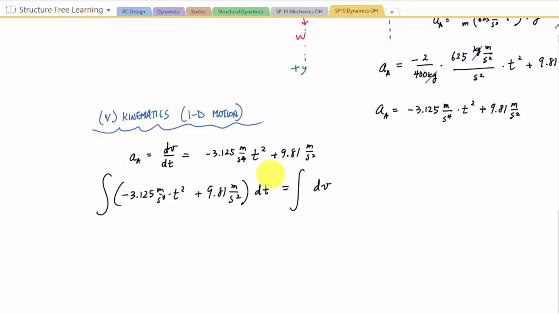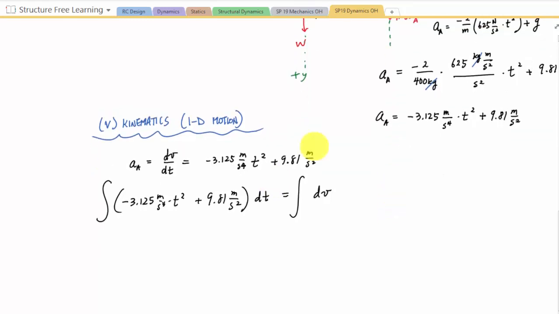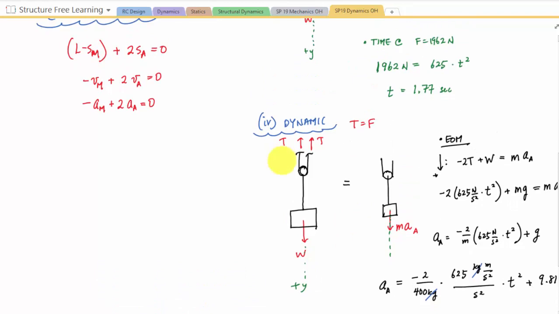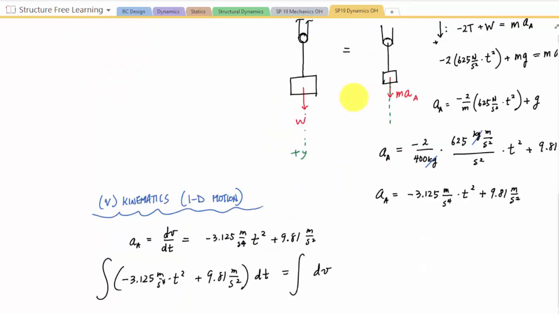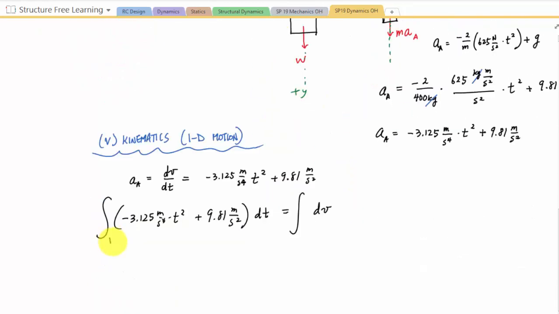Now to get the actual velocity at 2 seconds, at time t equals 1.77 seconds is when I start moving. 1.77 seconds is my lower bound of this integral, and at that point my velocity is 0. Then I want to find the velocity at 2 seconds.